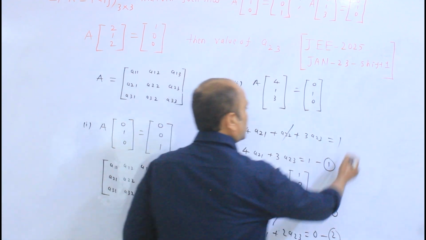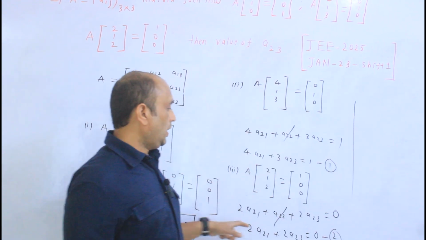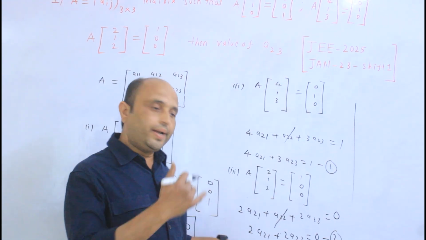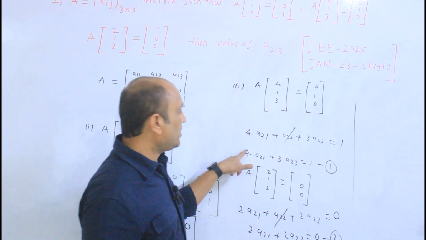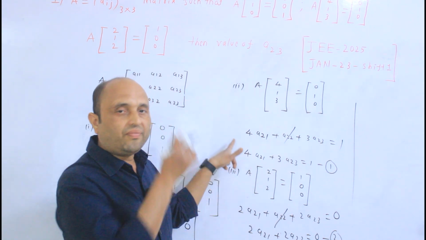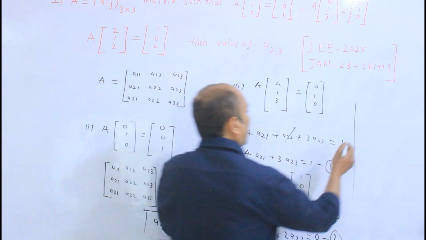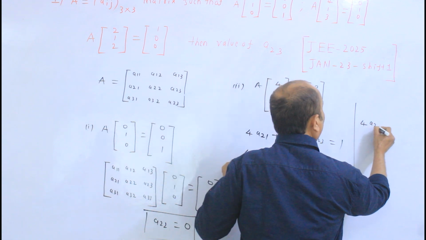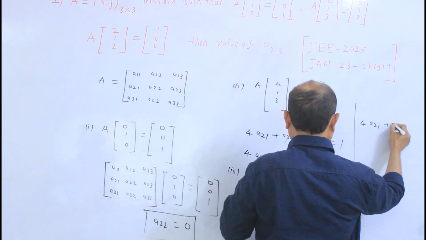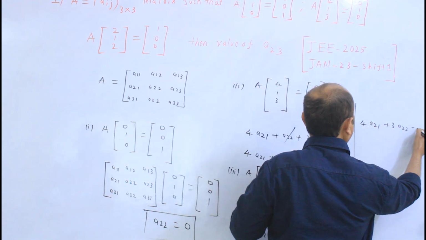So just multiply equation 2 by 2, then make the coefficients of A21 equal. Equation 1: 4A21 plus 3A23 equal to 1.